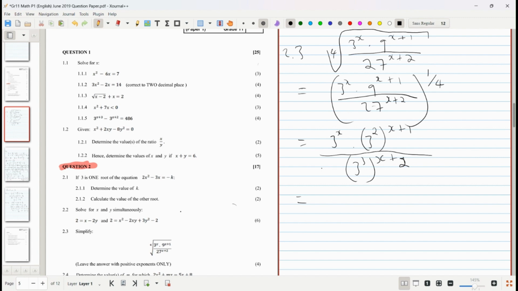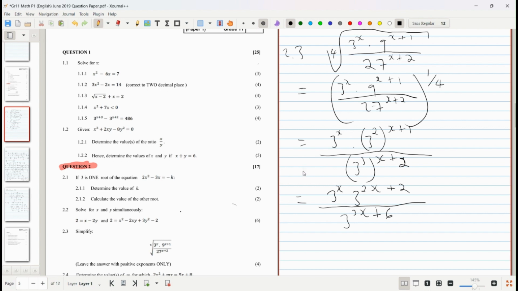We can see here the exponents are multiplying. So we'll have 3 to the power x, 3 to the power 2 times x, we'll have 2x, and then 2 times 1, we'll have plus 2. We also simplify our denominator here. It will be 3 to the power 3 times x, which is 3x, and then 3 times 2 will be plus 6.